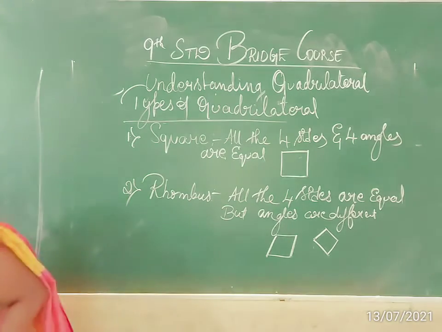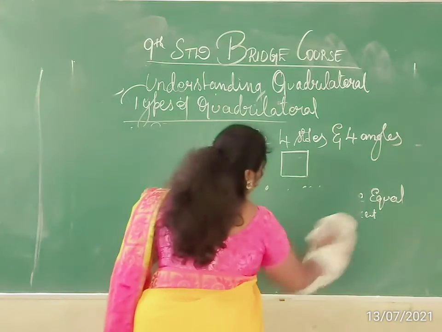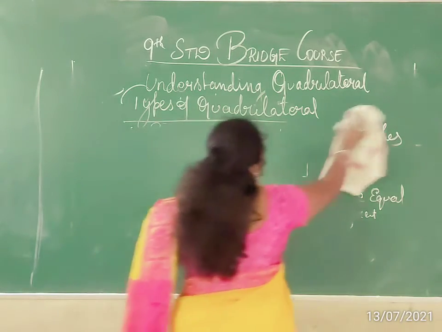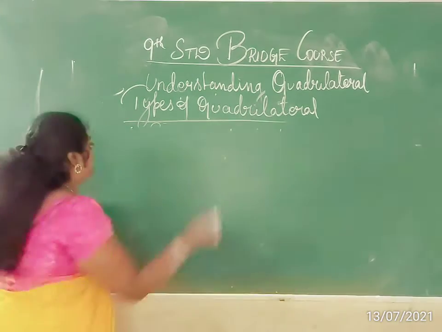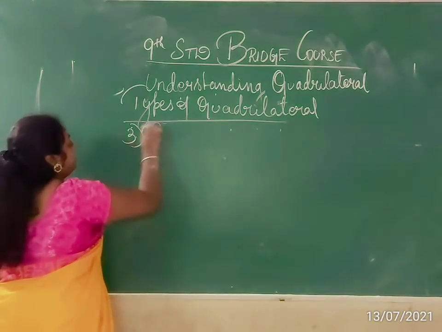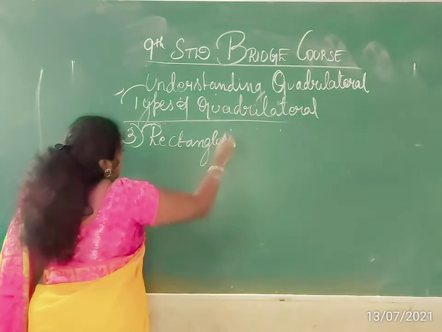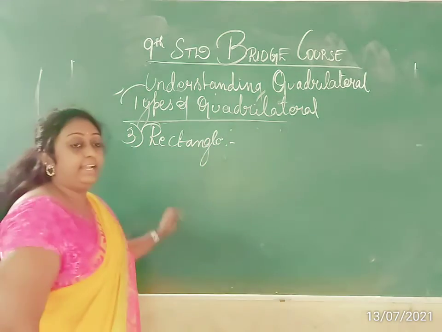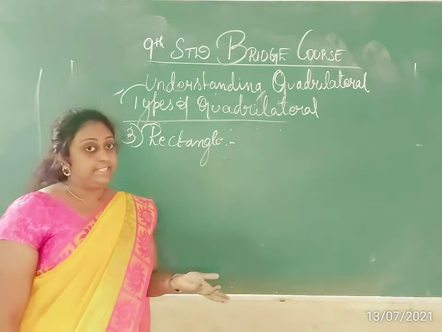Next type is rectangle. In a rectangle, the opposite sides are equal and all the 4 angles are the same.